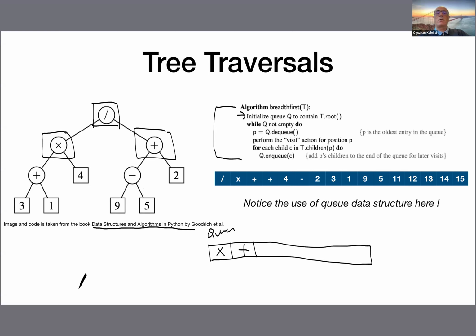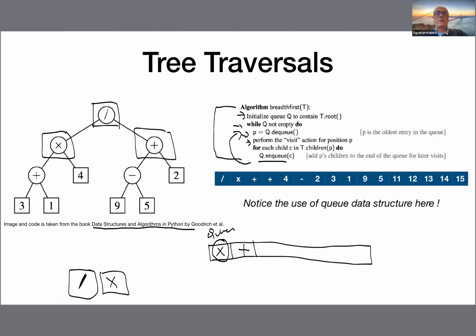Okay. So what I did, I'm now inside this while loop. I dequeue the item. Perform visit means I have printed it, okay? And then for each child of this one, I perform the enqueue operation. What I will do, I will repeat the while. Okay, so now, who is the first item to get service in the queue? It is this multiplication operand.